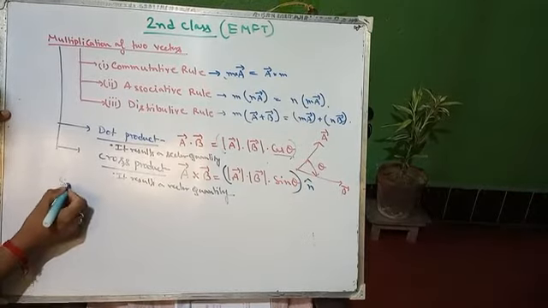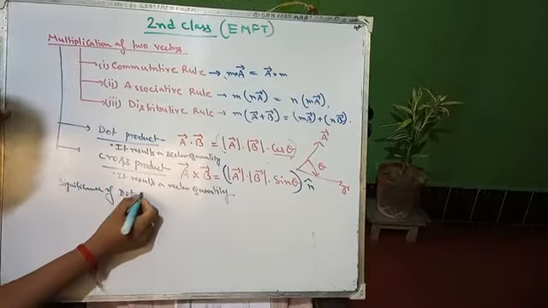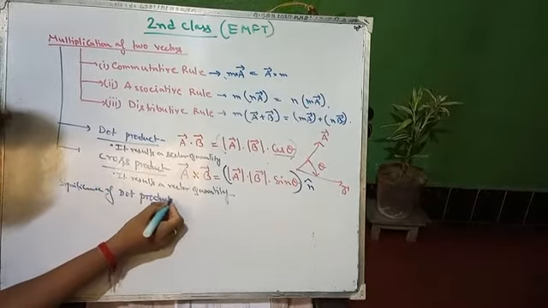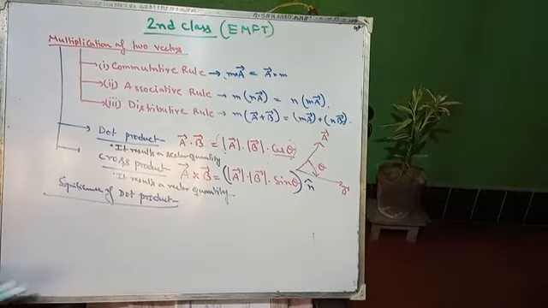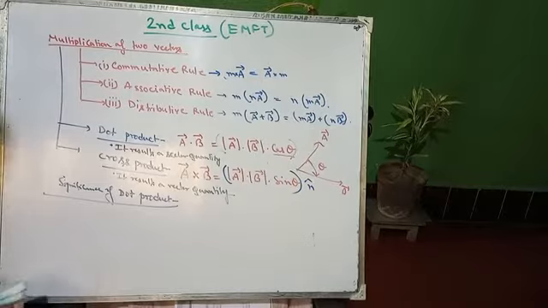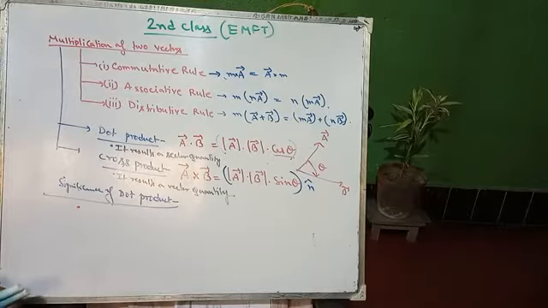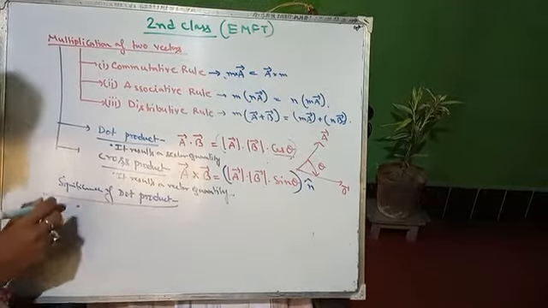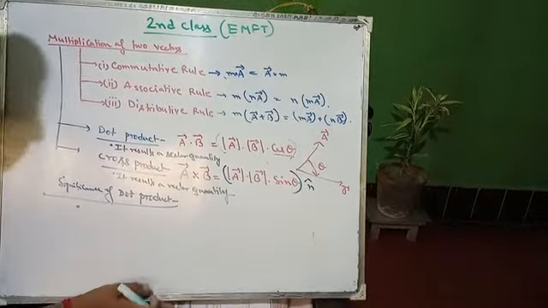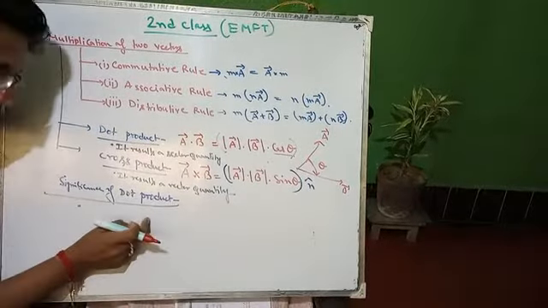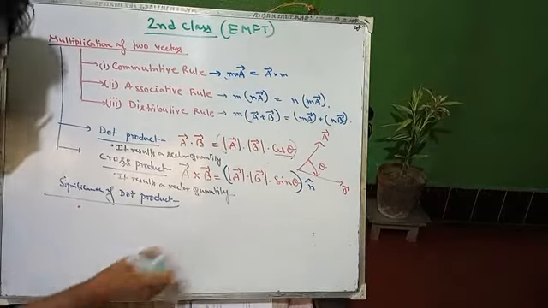Now write down the significance of dot product. Dot product signifies the projection of a vector over another.